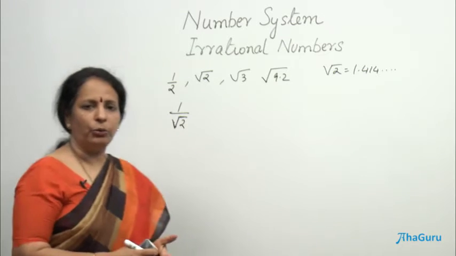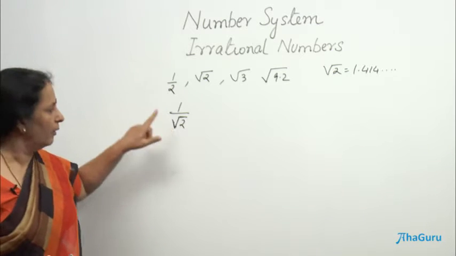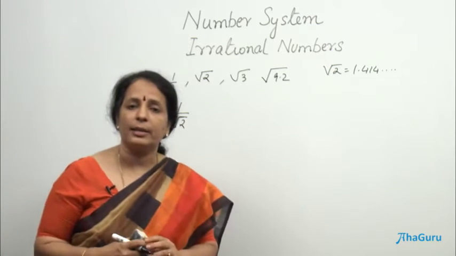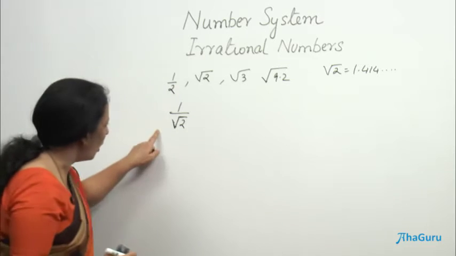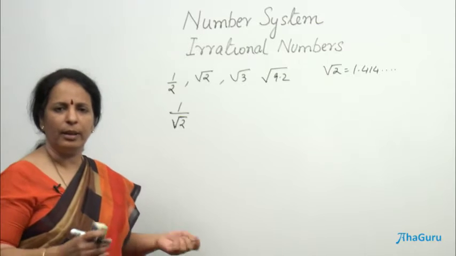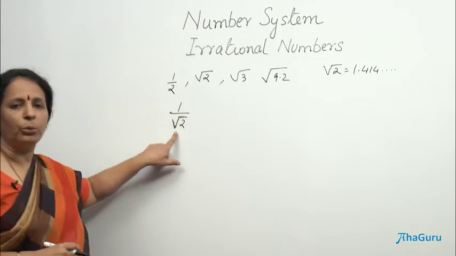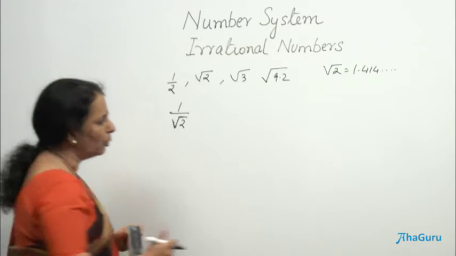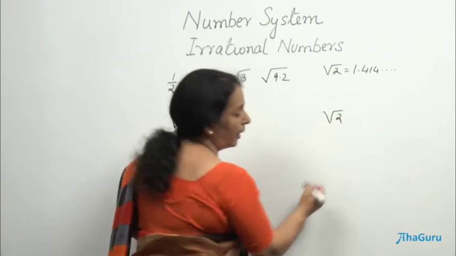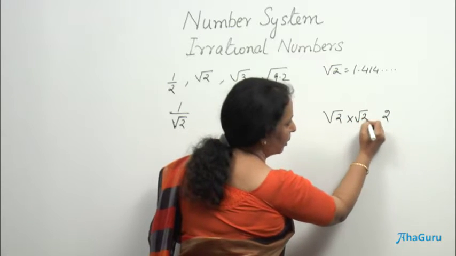So, what we do whenever we have an irrational number in the denominator, we try to rationalize it, that is we somehow will make this number rational. Rational means any whole number we can easily make it. How do I make root 2 a rational number? Root 2 can be made a rational number, 2, by multiplying by another root 2, isn't it?